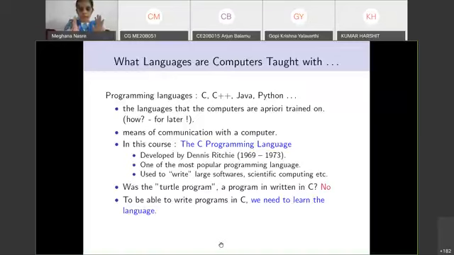We are going to learn C. We will go to turtle at some points to illustrate certain concepts, remembering that we are not writing this program in C, but whatever we want to illustrate using that turtle trained computer, we will do that. So the course is a C programming course, but at some points when required, we can go back to turtle and ask the turtle to do some things.